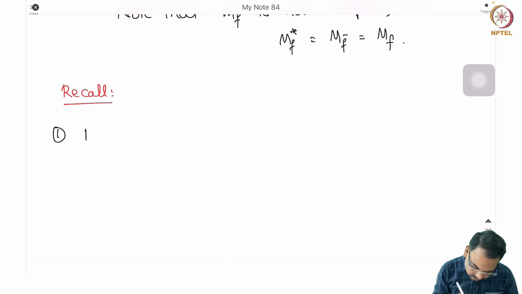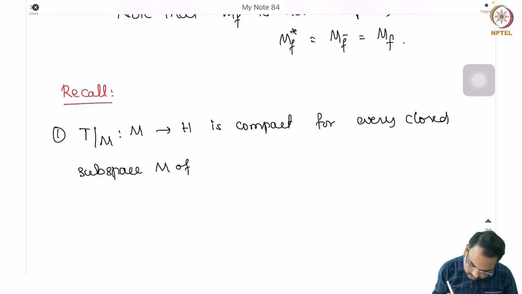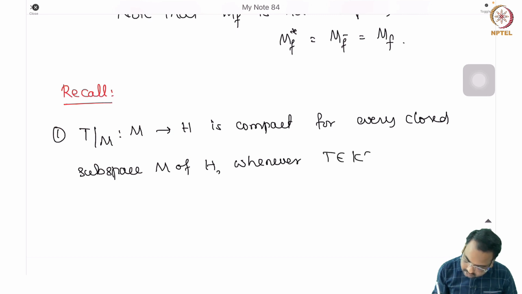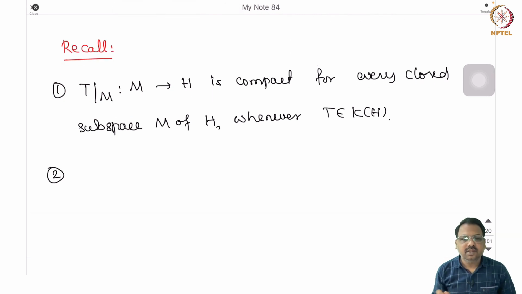T restricted to any closed subspace M of H is compact whenever T is compact. This we already have observed. For a self-adjoint operator, every eigenspace is reducing.